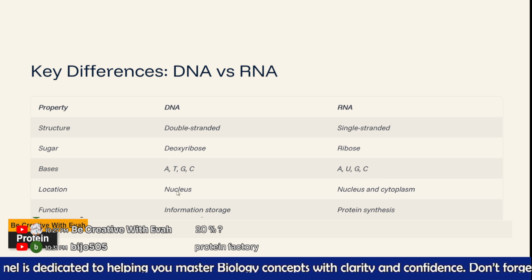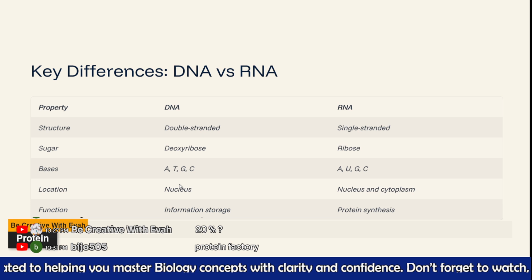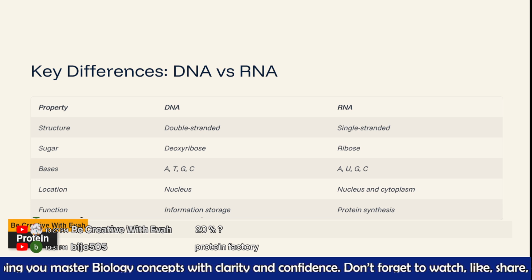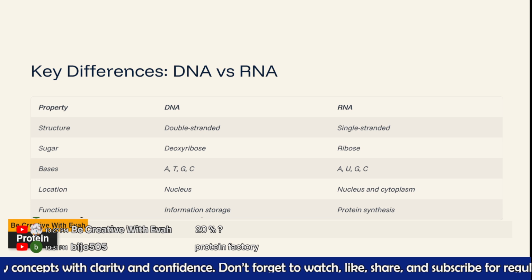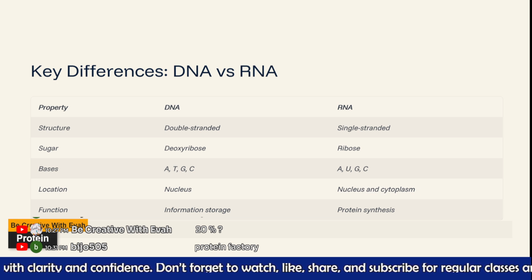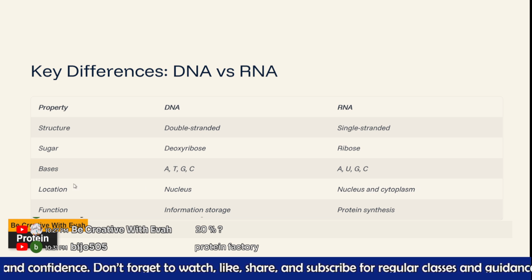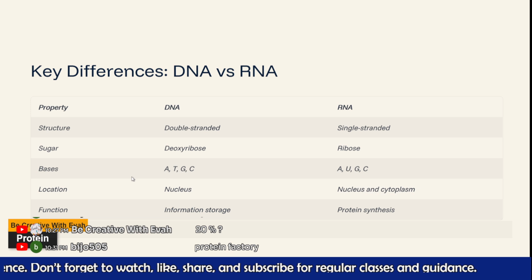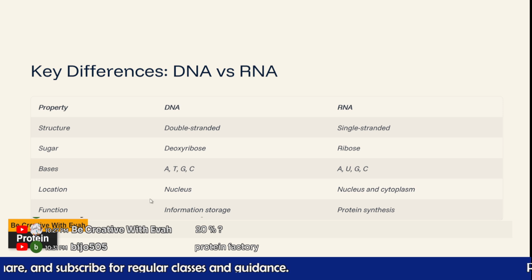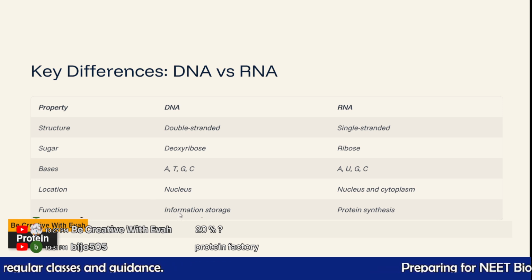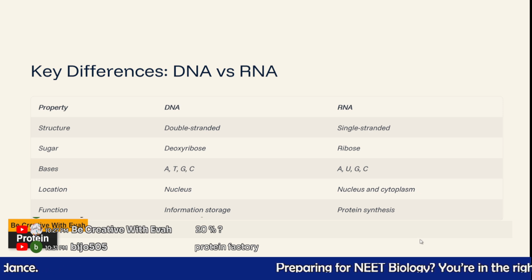DNA is present generally in the nucleus, with certain exceptions like some cell organelles and bacteria, but RNA is present in both the nucleus and cytoplasm. The functional difference: DNA is the information storage molecule, but RNA is involved in protein synthesis.